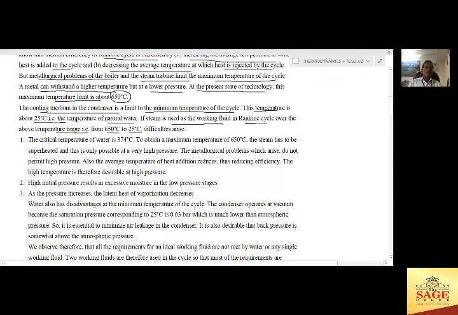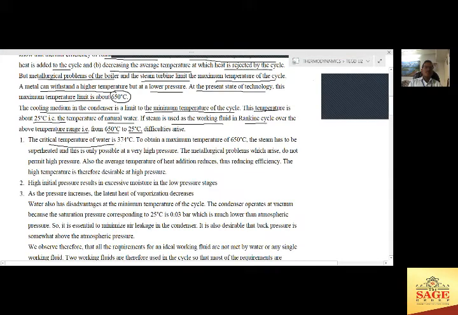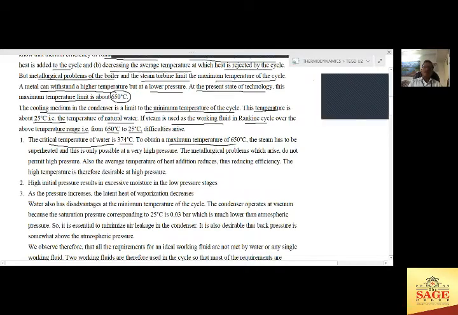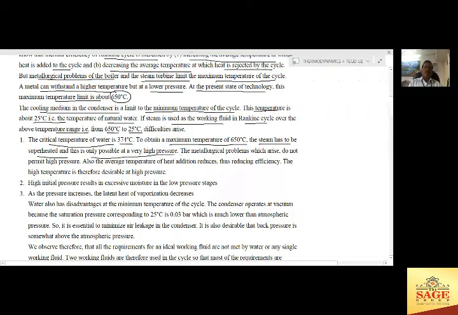Number one, the critical temperature of water is 374 degrees centigrade. To obtain a maximum temperature of 650 degrees centigrade, the steam has to be superheated, and this is only possible at very high pressure. It means if you increase the temperature of the steam, then definitely its pressure will also increase.